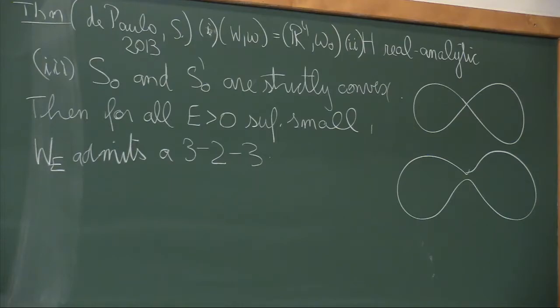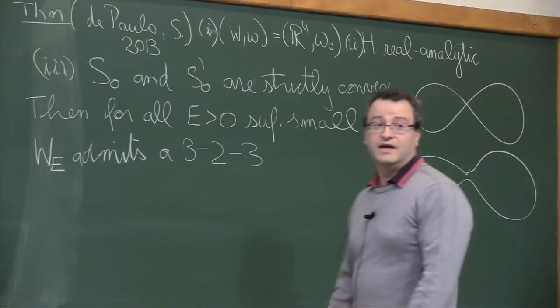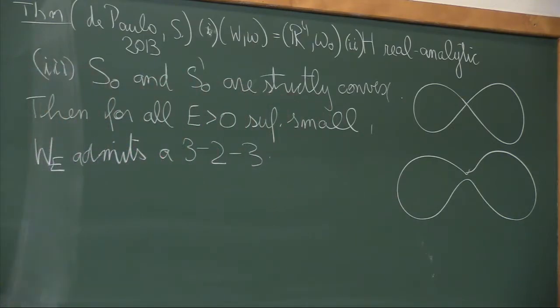It's a singular foliation of the energy level of this guy here. It's a singular foliation, so that the singular set of this foliation is formed by 3 periodic orbits.